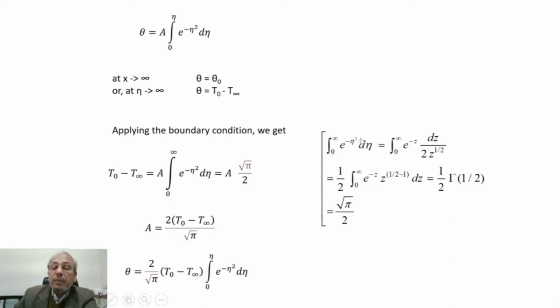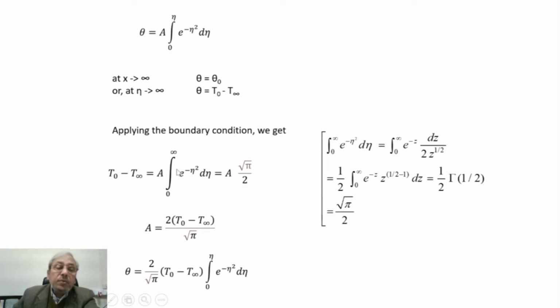If we substitute e to the power minus η² by e to the power minus z, that means η² equal to z, then we can write dη equal to dz divided by twice z to the power half, which can be written as half integration 0 to infinity e to the power minus z into z to the power half minus 1 dz. This is basically half gamma half. Gamma half is root pi. So this is root pi by 2.